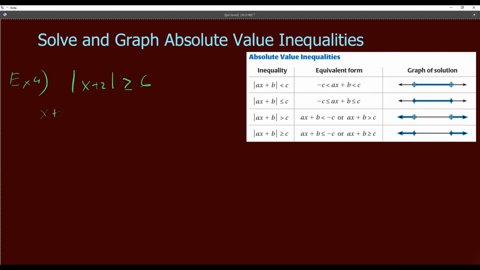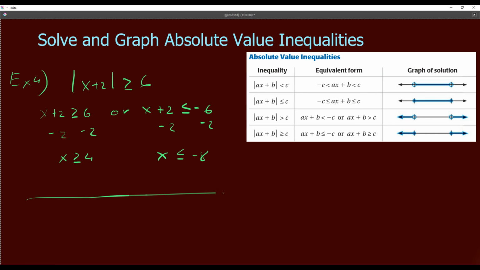I keep the original, x plus 2 is larger than or equal to 6. And then I make the other one x plus 2, and I flip the inequality and I make it negative 6. Alright, then I just subtract 2. X is larger than or equal to 4. This one gives me x is less than or equal to negative 8.